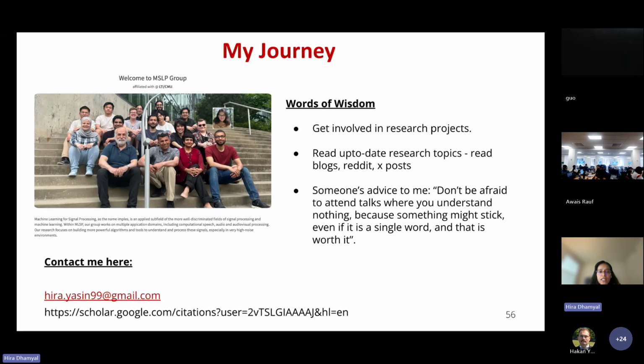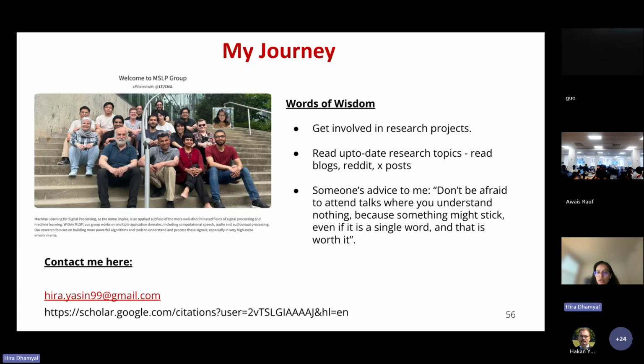If there's some advice I can give you, if you want to take up research: get involved in research projects, read up-to-date research topics, read blogs, Reddit, and make yourself available to do the grunt, dirty work of, let's say, data cleaning or data collection. Sometimes it is the grunt work that is the starting point of something bigger.